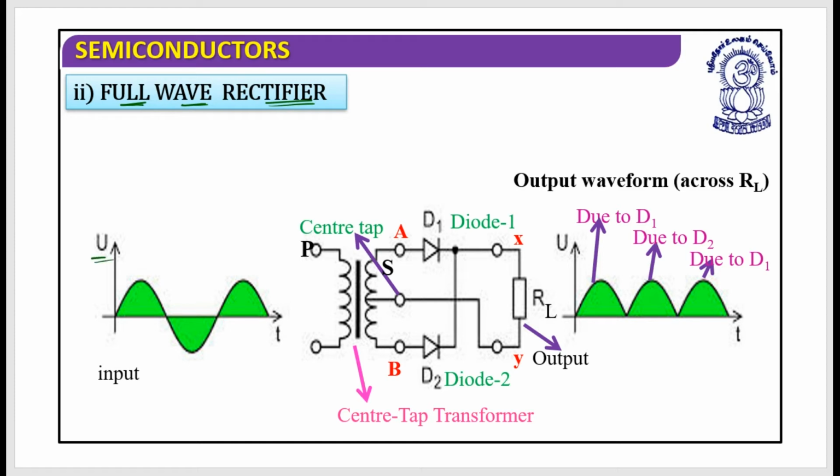Now let's look at the second situation, when it's a full wave rectifier. This is the input signal, as you can see in the diagram, and it has been applied to this circuit. This is the transformer, this is the primary side, and this is the secondary side of the transformer. But we have used a unique transformer, the center tap transformer.